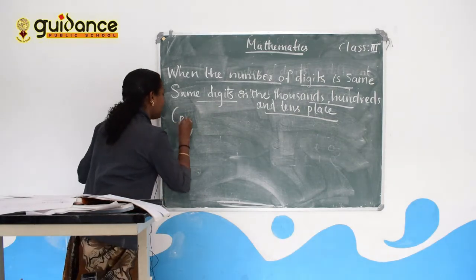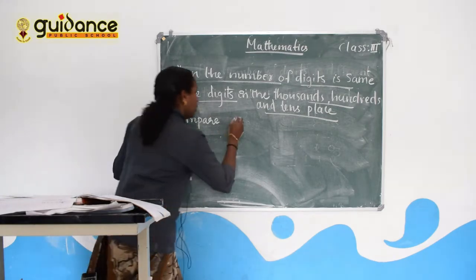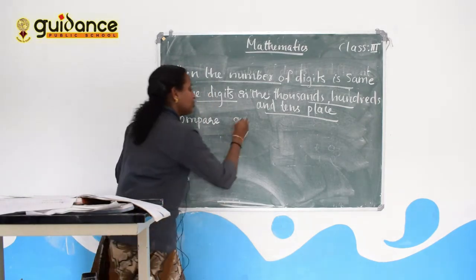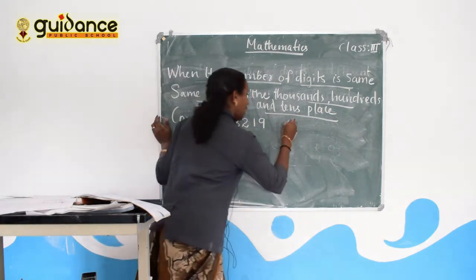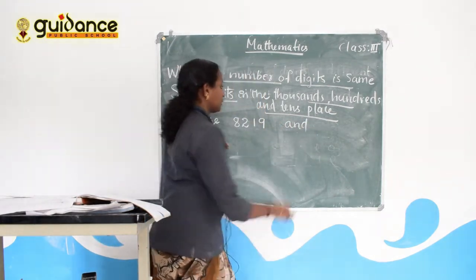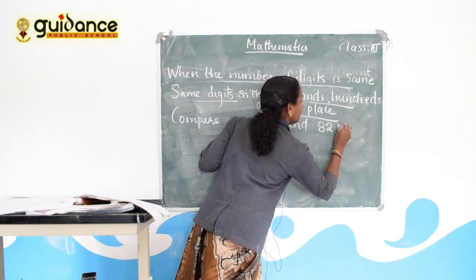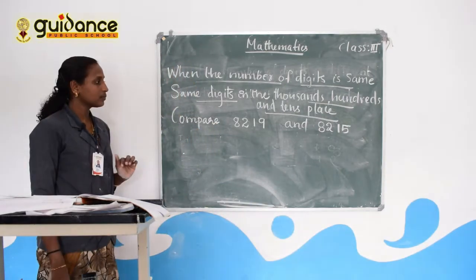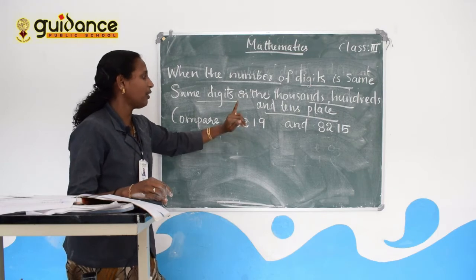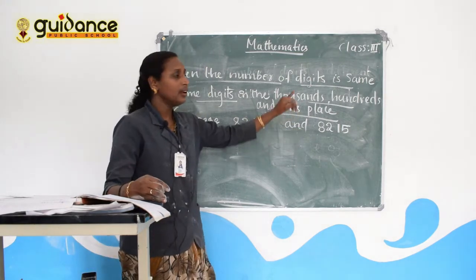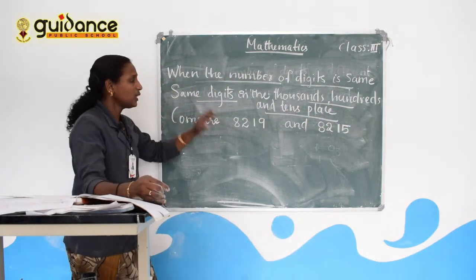Compare 8,219 and 8,250. So comparing the digits 8,219 and 8,250. Look at the question.